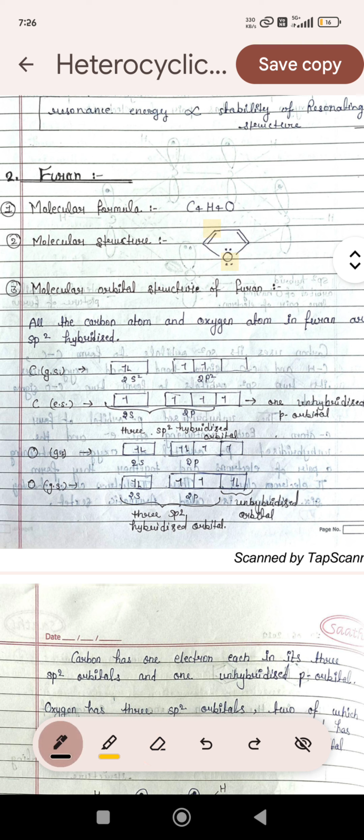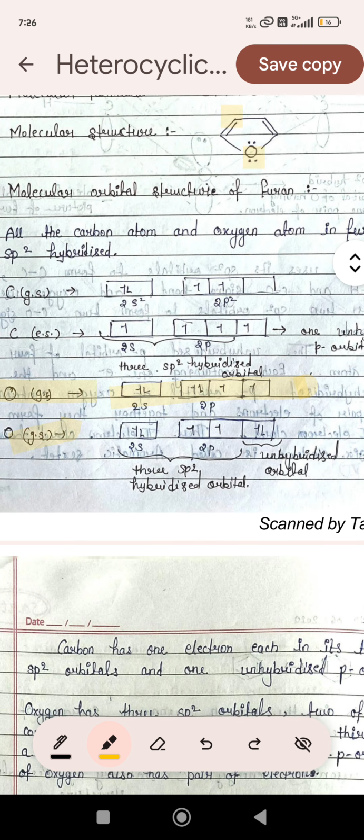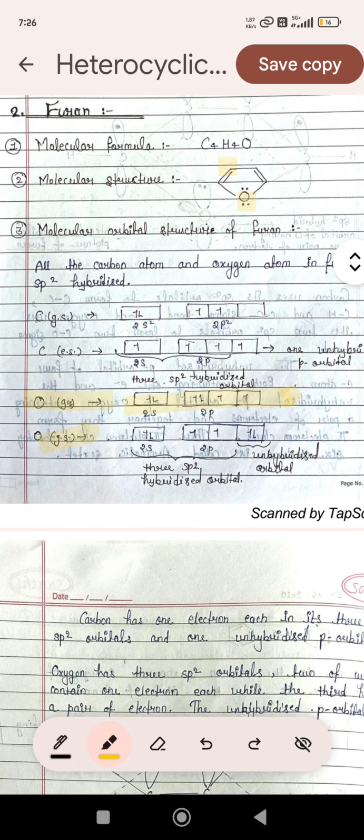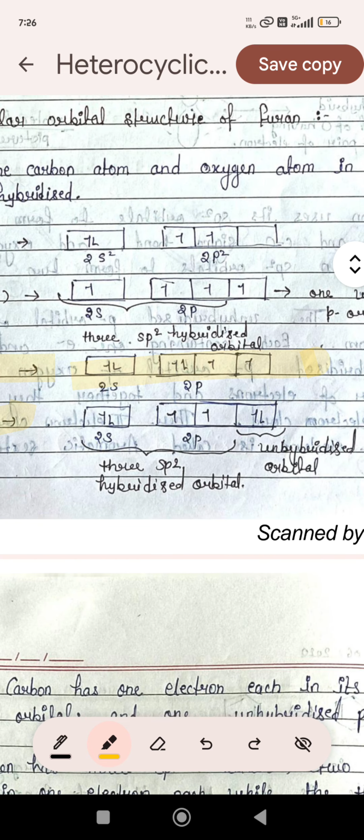And in oxygen, what happened? Oxygen in the ground state has the electronic configuration 2s2 2p4, and we rearranged it so that the unhybridized orbital is the last p orbital.